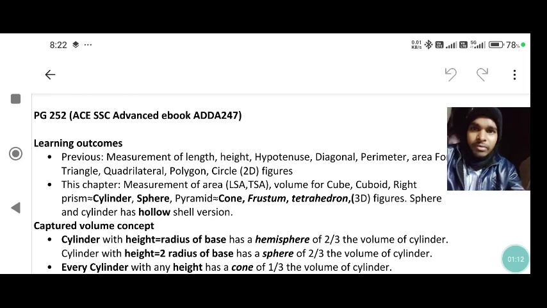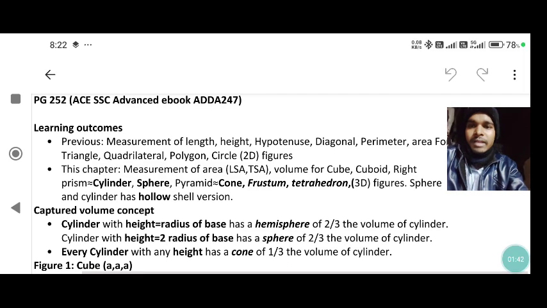A pyramid with one top face pointing is a cone, and a right prism with all its sides being a smooth lateral surface is a cylinder. A frustum is a cut cone. A tetrahedron has four equilateral triangles, or four triangles, and these all are based on 3D figures.